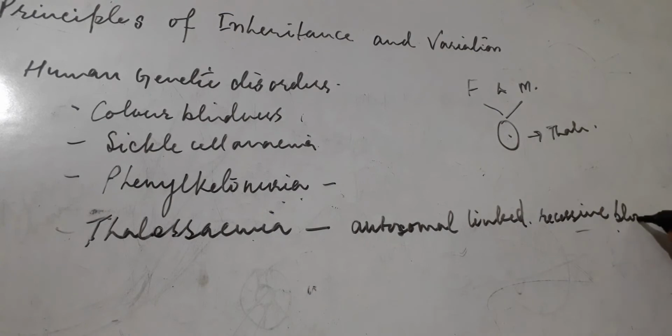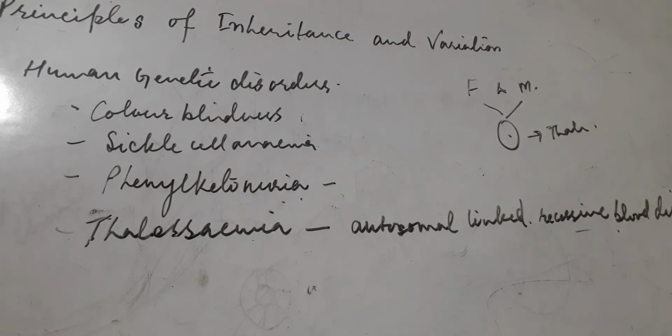Now, this disease is transmitted from parents to offspring. It is related with RBC. In this disease, hemoglobin is not synthesized properly.